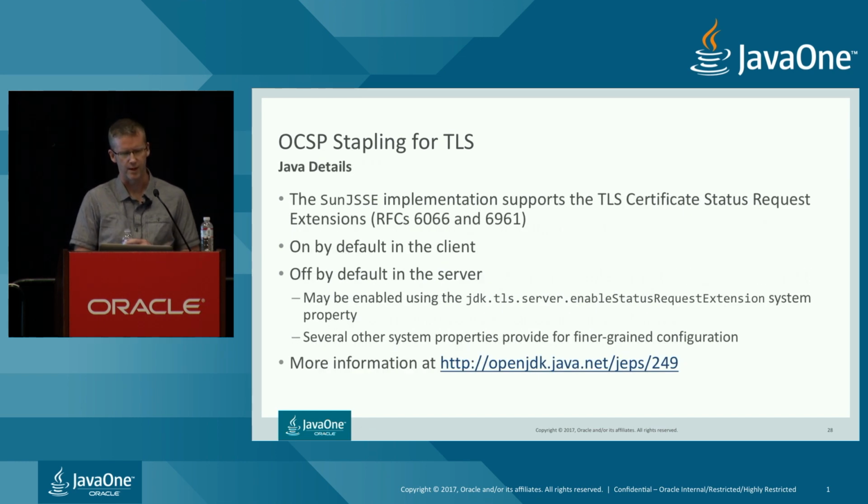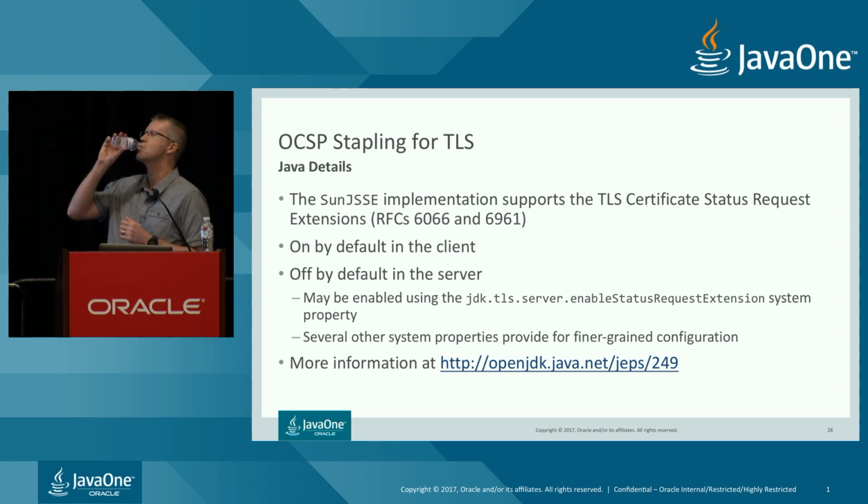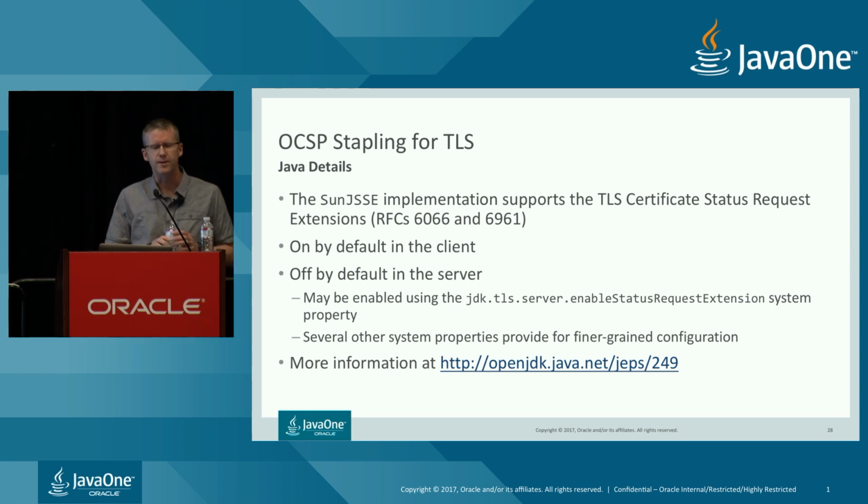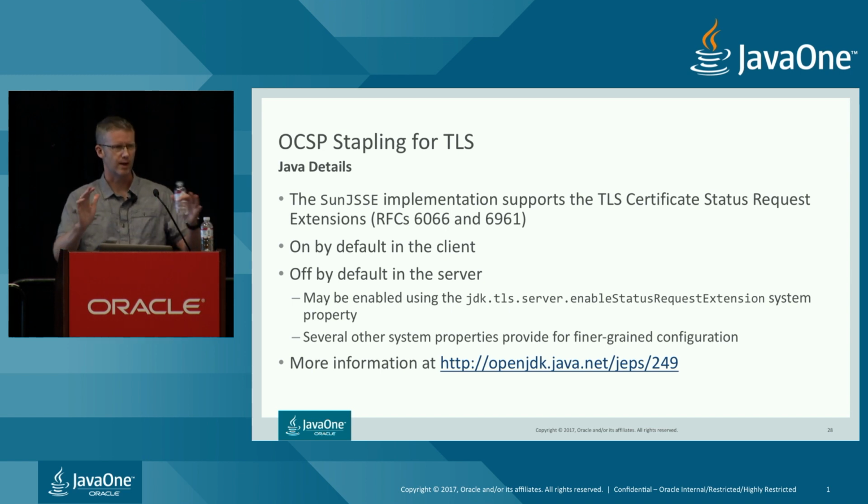A few of the Java details. The Sun JSSE implementation supports the TLS certificate status request extensions, RFCs 6066 and 6961. It's on by default in the client, so the client always says, I support OCSP stapling if you're willing to send it back to me. It's off by default in the server because we wanted to make sure the administrator opts into something like that.